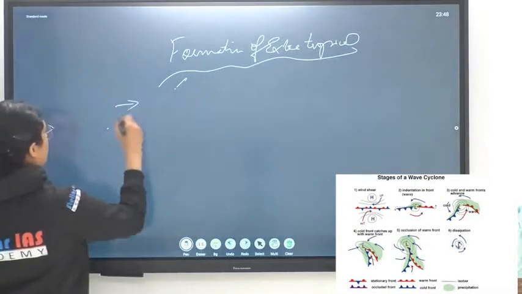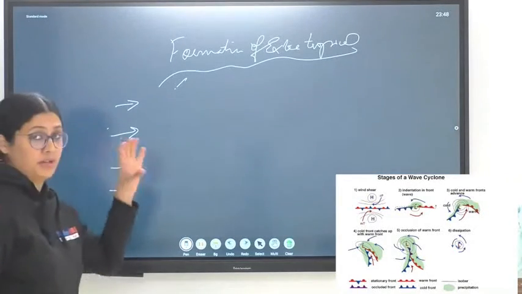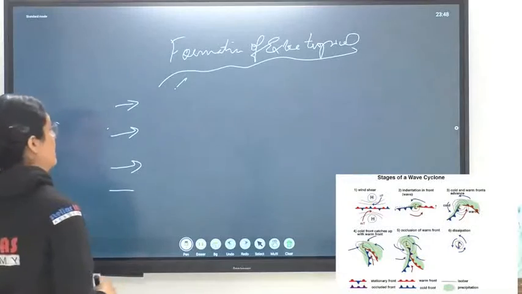So what this theory in the formation is explained in stages.